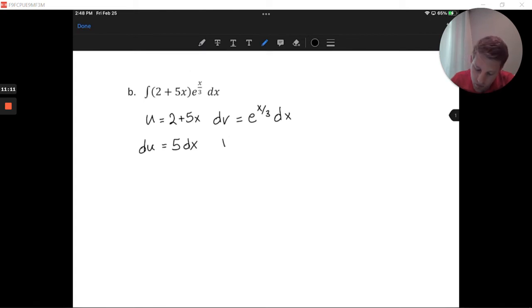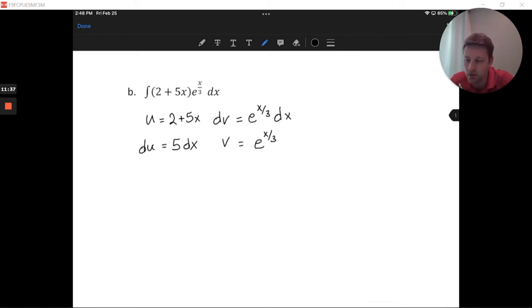The v function would be the antiderivative of my dv. So if I'm taking an antiderivative of this e raised to the x over 3, well, exponentials are their own antiderivative. So we could start with e raised to the x over 3. But notice that the function of x inside that exponent is not just x itself.